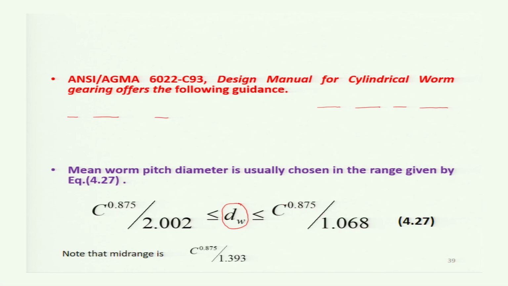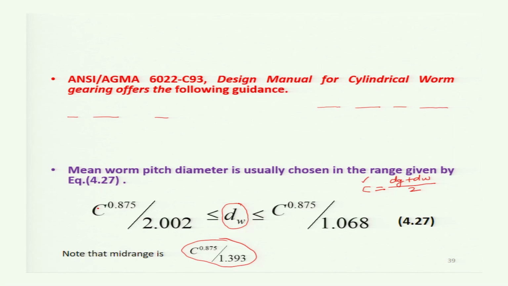The mid range is given by C to the power 0.875 divided by 1.393. So, what we have to do is this: dW depends on C and C depends on dW. This is the dilemma, because C is given by dG, the gear, plus dW, the worm, divided by 2. So, center distance depends on dW and dW depends on C.